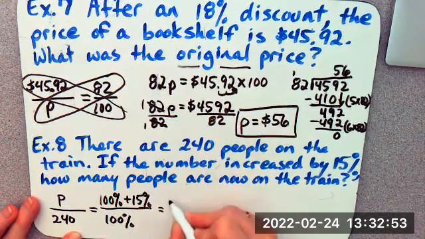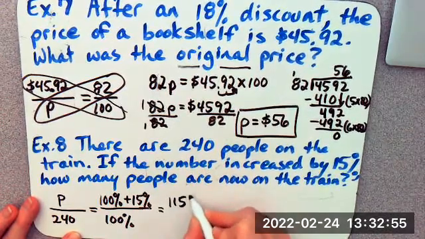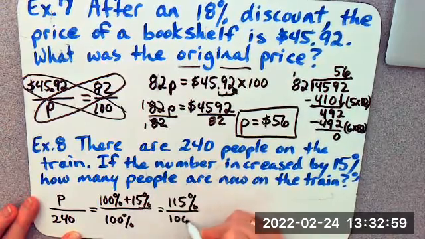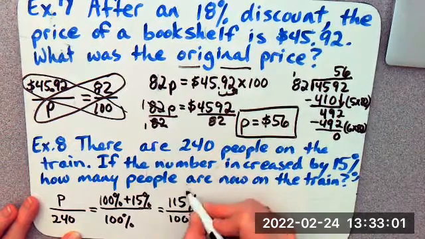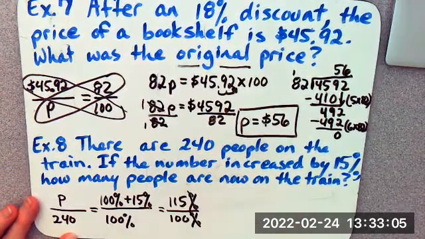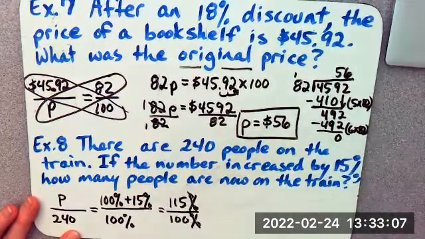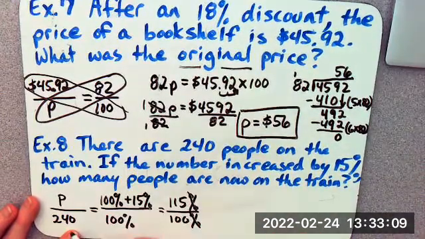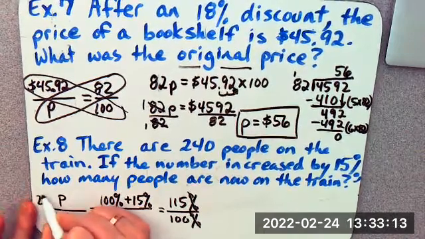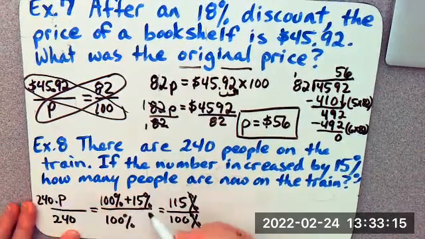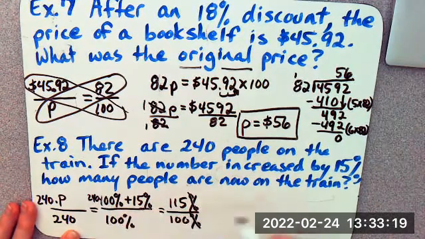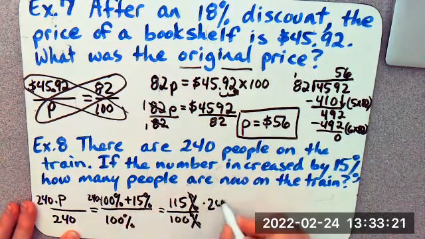So this is going to be 115% over 100%. We're going to cancel those percentages out. Now, we can multiply by 240 here to knock out that 240 there. So we're multiplying by 240 here as well, and multiplying by 240 here.